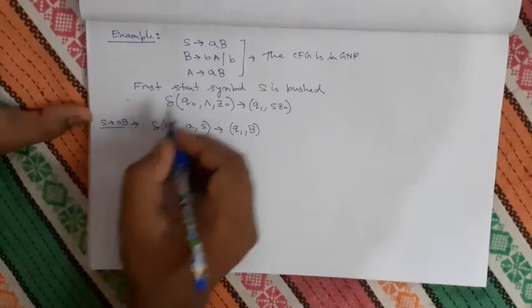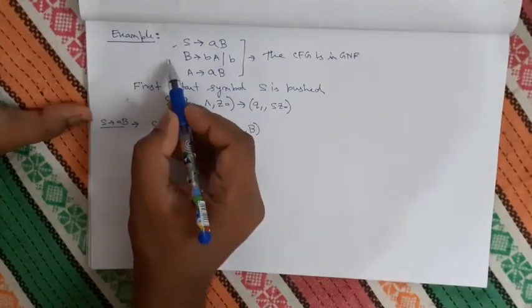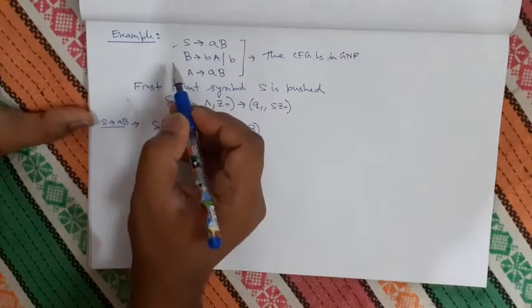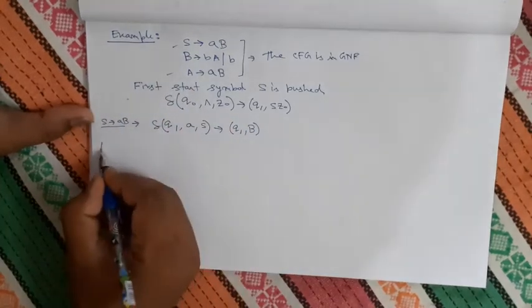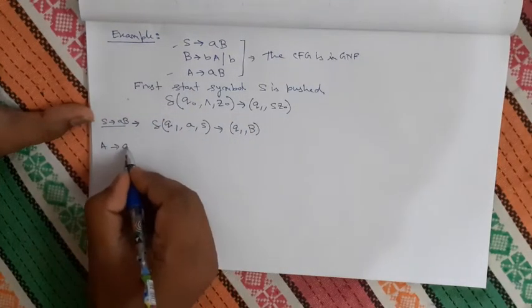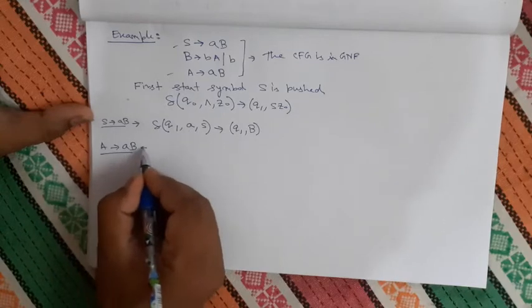Now let's take the second one. A tends to aB. For that, what will be done?